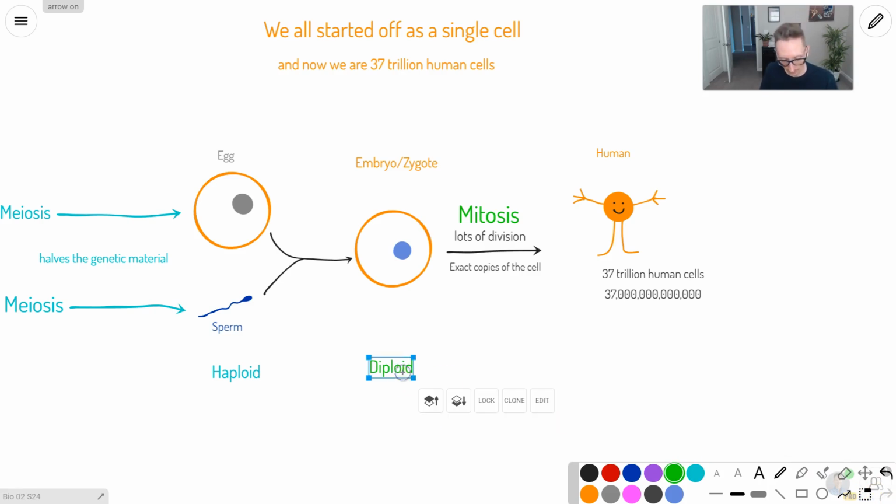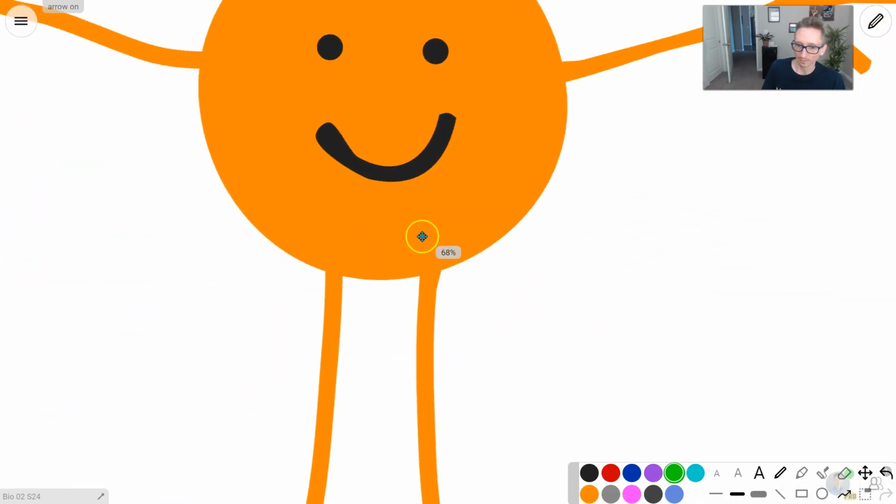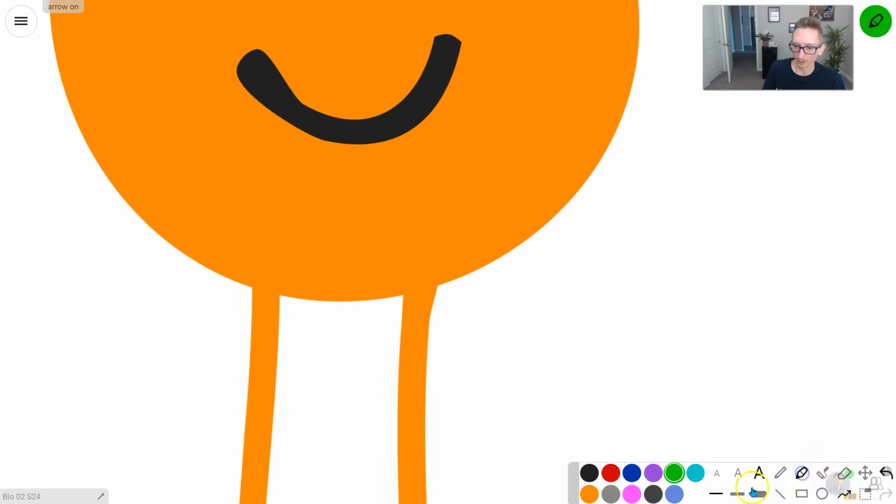So the only place where meiosis is occurring in a human being is in this little zone right here. This is where meiosis occurs.